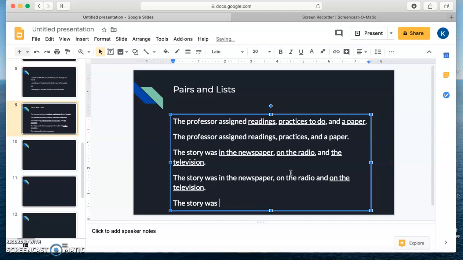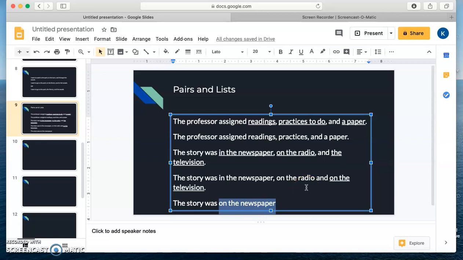Furthermore, it might be tempting, because 2 out of 3 are on the radio, to just write the story was on the newspaper, the radio, and the television. However, the issue with that comes with how we speak normally and appropriate word use, and on the newspaper is not a phrase that we use. We don't say something is on a newspaper.